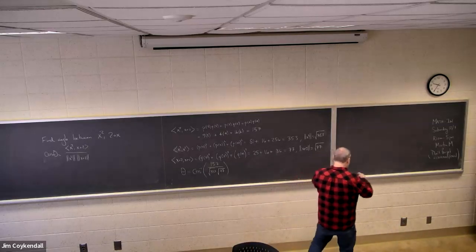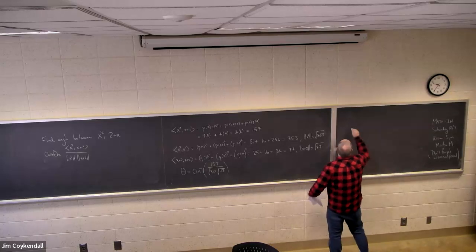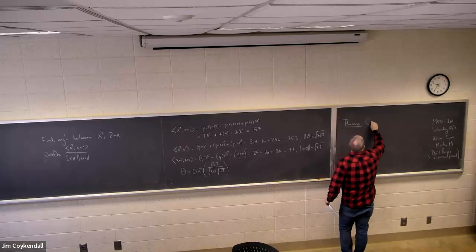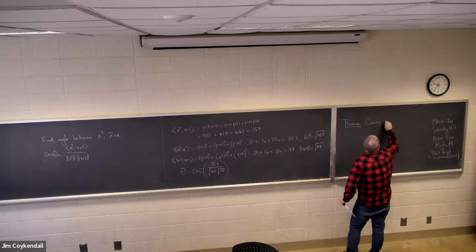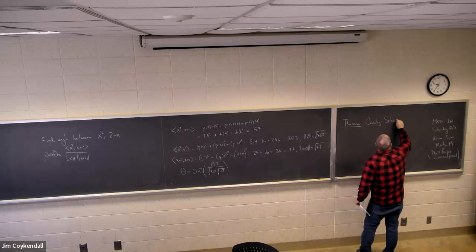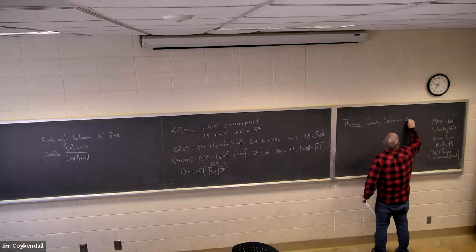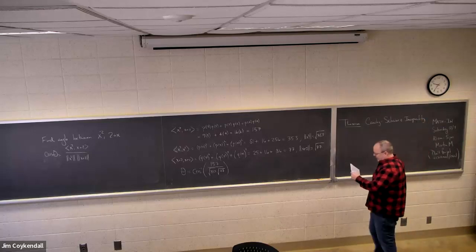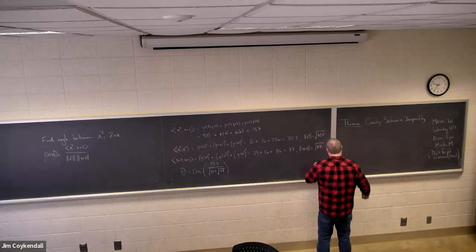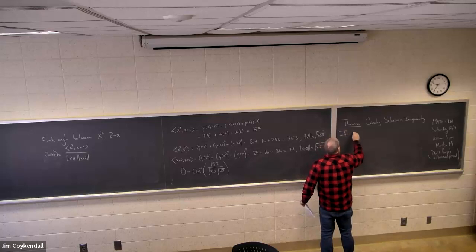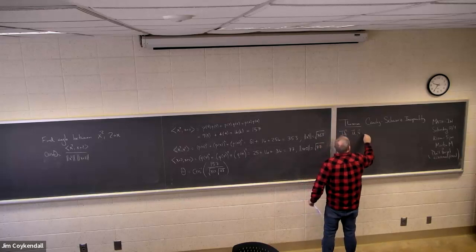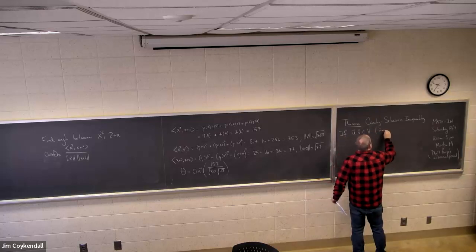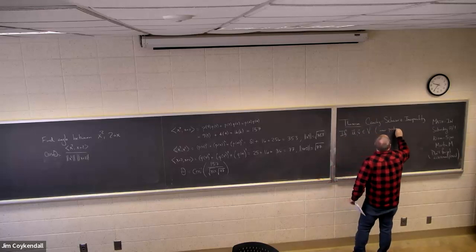So this is called the Cauchy-Schwarz inequality. If u, v are elements of V, and here I have the inner product space. So it's a vector space and it's got this inner product.